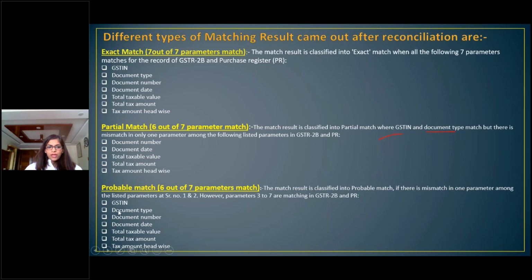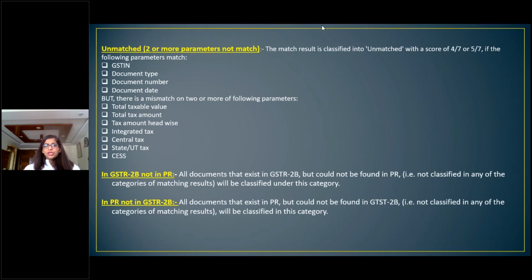So if in GSTIN and document type, any one is matching but the others are not matching, then it is a probable match. Unmatched: 2 or more parameters do not match, with a score of 5 or 4 out of 7 matching, then it is unmatched. Getting my point?